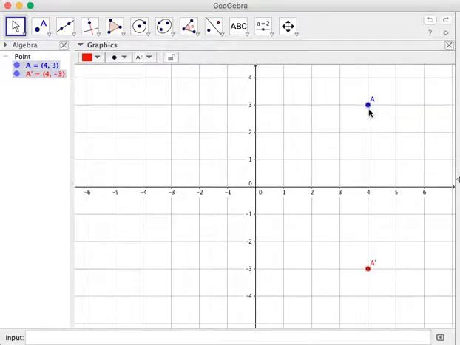Now, nandito naman yung A natin, (5, -2) for example. Pag ni-reflect natin yan, dito rin yan. Same distance, magkatapat. So yung A natin is (5, -2), pero yung A' natin is (5, 2). Again, same x coordinates but different y coordinates.